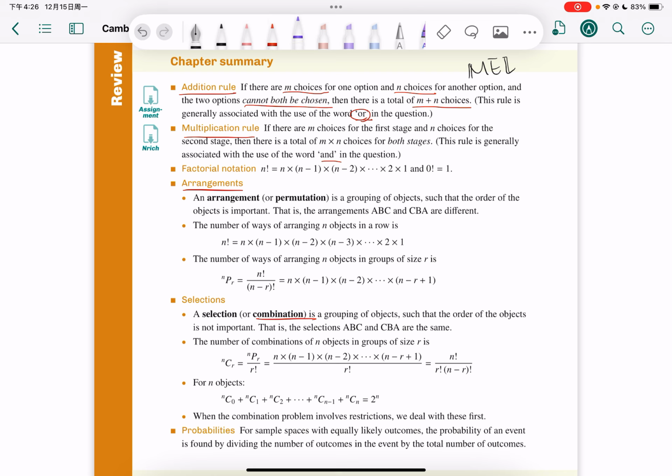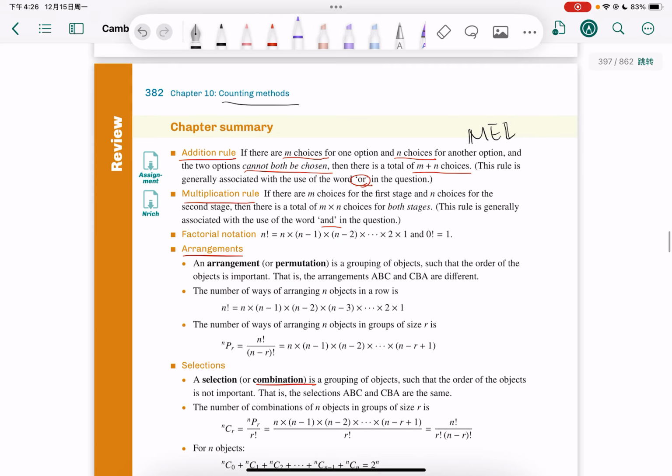We have a sport team which has boys and girls: 5 boys and 4 girls. If there's a competition and we only choose one from the whole group, so one from the 9 students, then that's where the addition rule applies. So there are 5 plus 4 choices, equal to 9 choices in total.